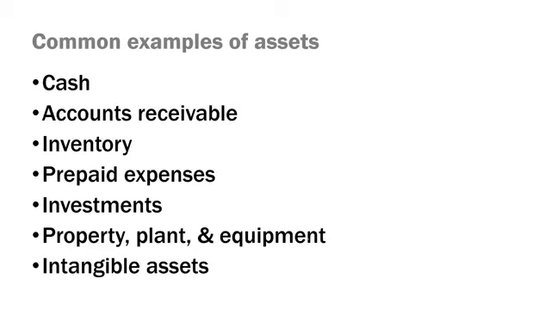Property, plant, and equipment. That's the sophisticated accounting term for land, buildings, machinery, things of that nature. And then intangible assets. Intangible assets are those that really don't have much physical substance in nature. We can't really touch them, but they're very important assets, very important resources to the firm. Examples would include patents or brand names or things of that nature.